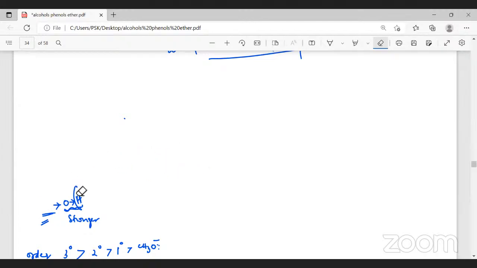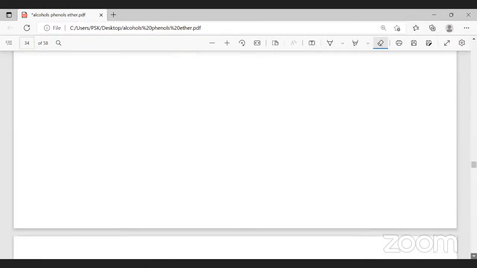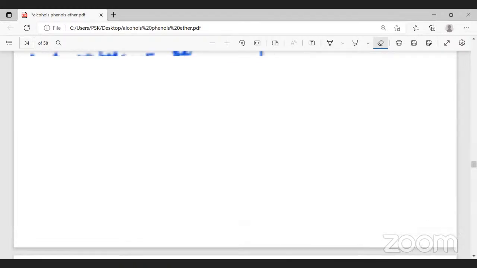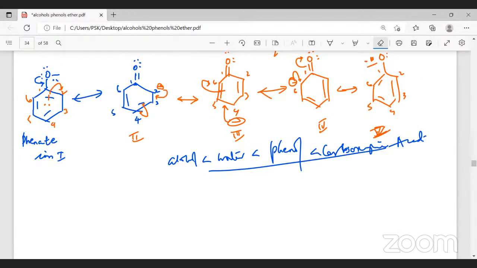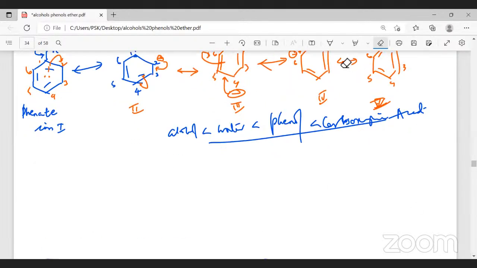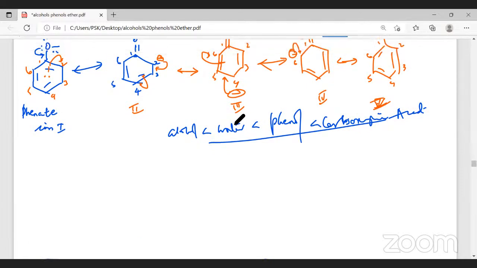Now you should remember, acidity is because of the ability of the molecule to release H plus ions. If a molecule can release H plus ions easily, it will be a stronger acid. If a molecule cannot release H plus ions easily, it is a weaker acid. So acidity is based on the ability of the molecule to release H plus ions.